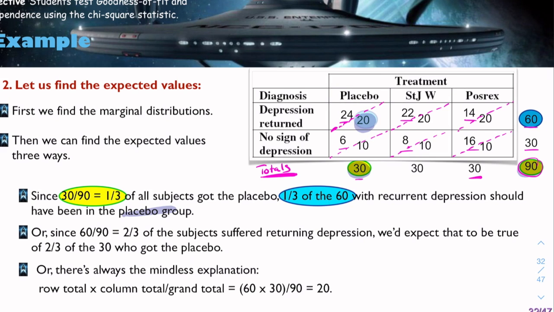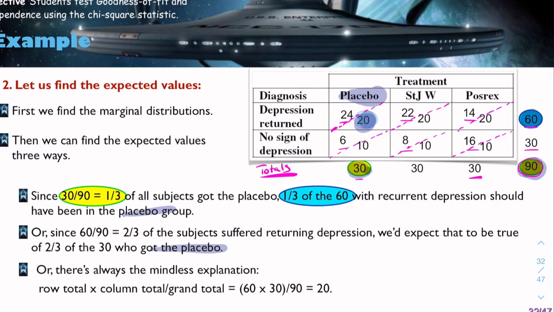That was looking at the column and then using that to calculate the row. Or we could say 60 out of the 90 had depression return, which is 2/3. So we'd expect that also to be true for the placebo. So we should have 2/3, or 20 out of 30, receive the placebo. So that's way 2.